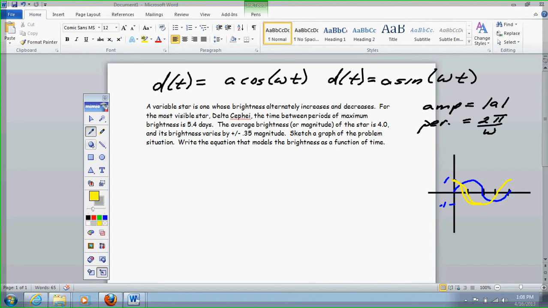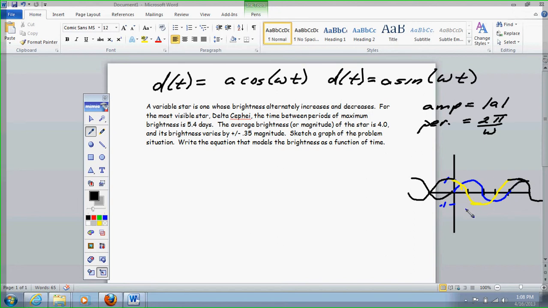Now, the reason I say this is because if cosine continues on, it just forever goes like that, and it makes this type of motion, and so does sine. It goes in the same way if I continue on. But again, I'm just looking at one period of these two functions.